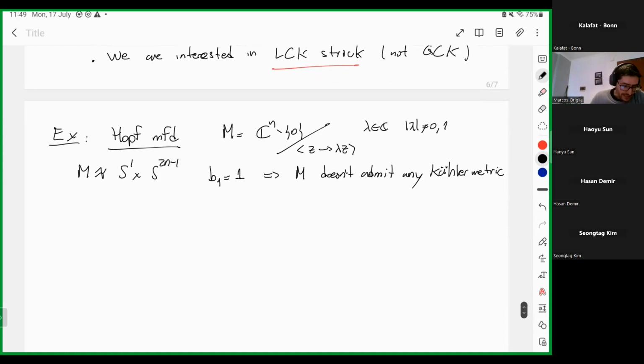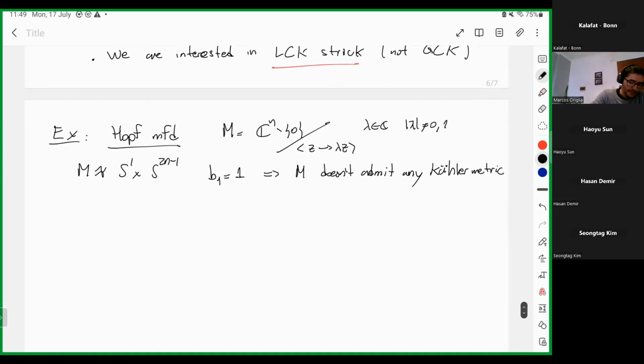As a manifold it is this, but we want to construct a locally conformally Kähler metric. So what's the idea? I will do the computation on C^n minus the origin, and we will define the metric, the complex structure, and the fundamental form there. We will see that this structure descends to the quotient and induces an LCK structure on the quotient.